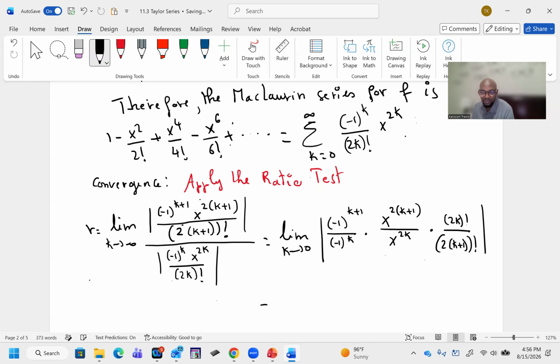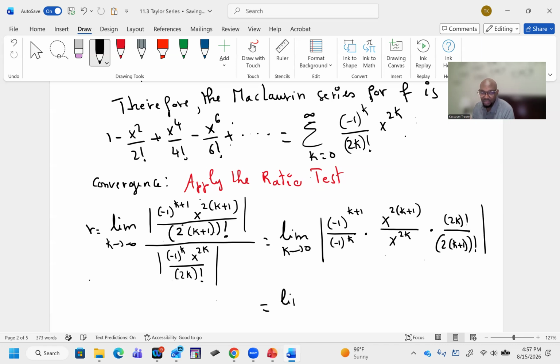So if I simplify everything, you can see since it's absolute value, this does not matter, right? Even though it will become a negative 1 if I simplify, because of the absolute value, it would still be positive. And x to the power of 2k plus 1 divided by x to the power of 2k will leave what?